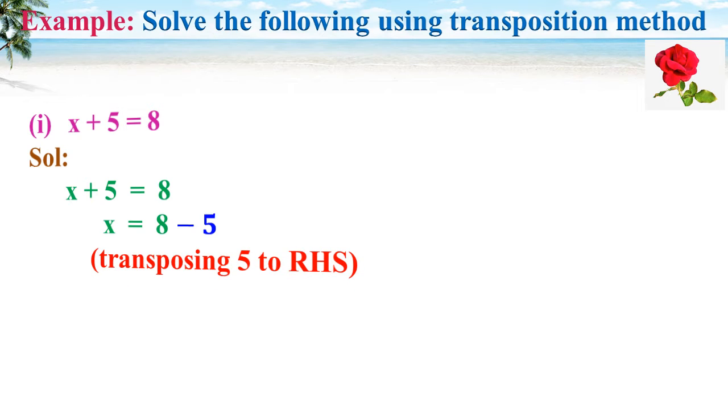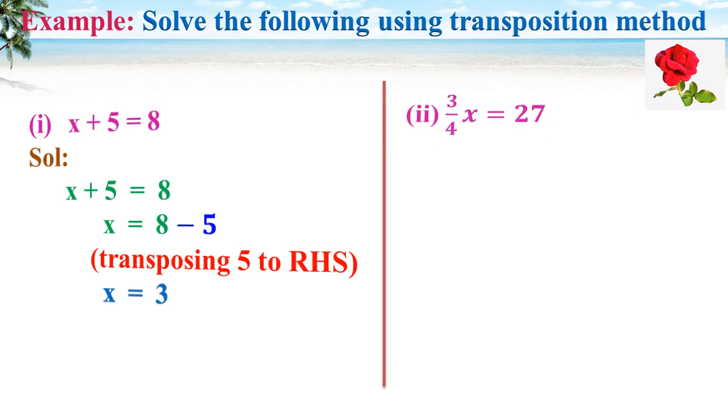So transposing 5 to the right hand side, the plus 5 moves to the right hand side as minus 5. x is equal to 8 minus 5. The value of x is 3.